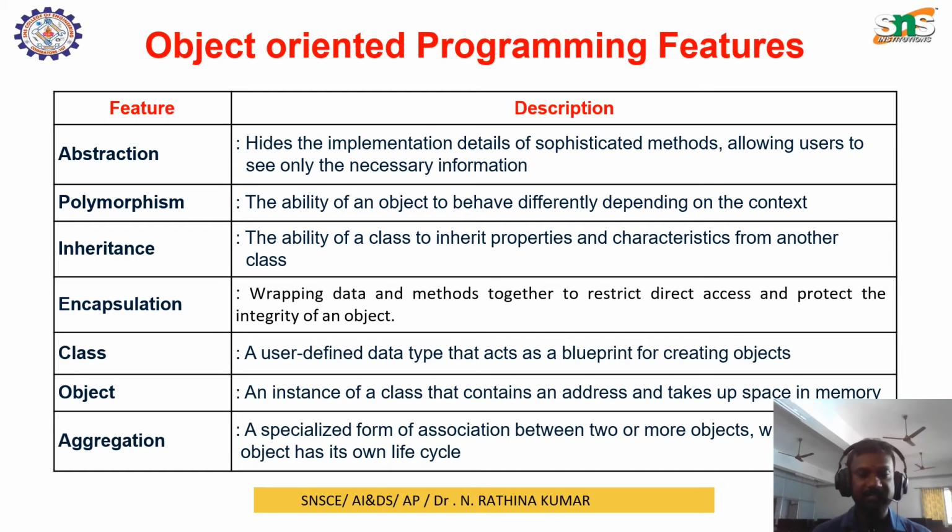The final one, very important: what is meant by a class? It is a user-defined data type that acts as a blueprint for creating objects. Once we see an example, we can easily understand class, object, inheritance, everything. For now we are seeing only the definitions. What is meant by an object? An instance of a class that contains an address and takes up space in memory.